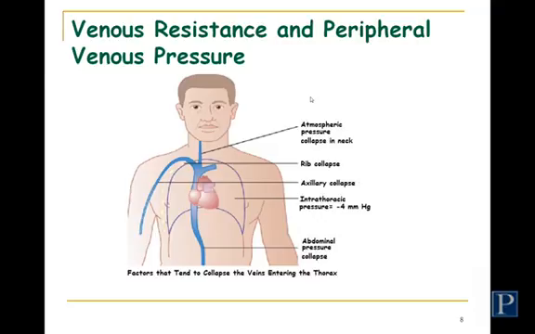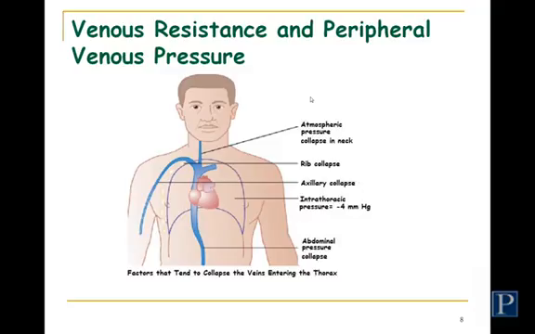Now, what would happen if the right atrial pressure started to increase? Okay, just think about it. Blood's going to back up. What's going to happen? Blood backs up into those larger vessels. They start to open up. The peripheral resistance is not going to increase until all the vessels are open.